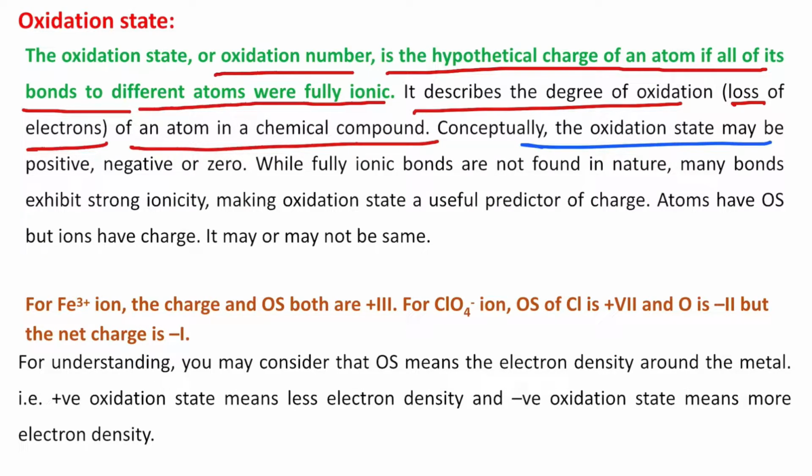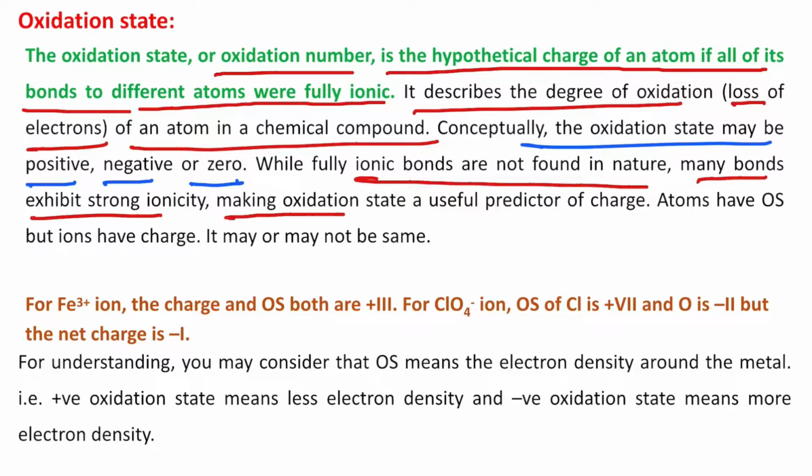Conceptually, the oxidation state may be positive, negative, or 0. While fully ionic bonds are not found in nature, many bonds exhibit strongly or weakly ionic character, making the oxidation state useful for the prediction of charges, but it has some fallacy also, which will come.